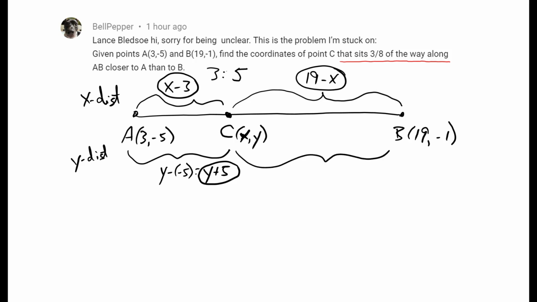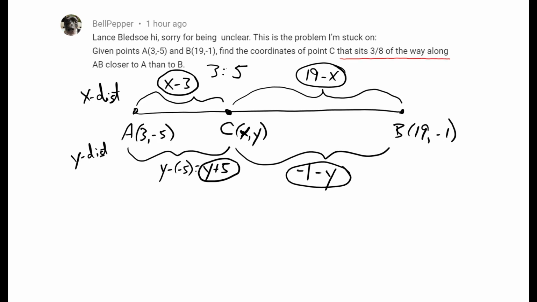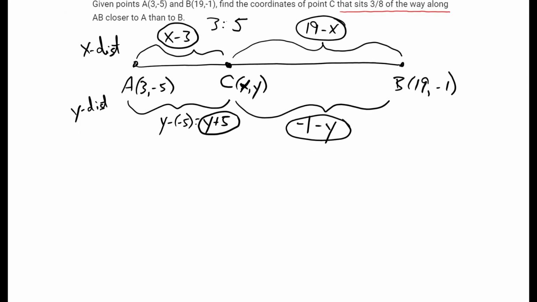And then my Y distance from C to B is going to be -1 minus Y. So now I have everything I need to set up my proportions and solve my problem. To find my X, I'll set up the proportion for my X distance first. X minus 3 over 19 minus X is going to be 3:5.